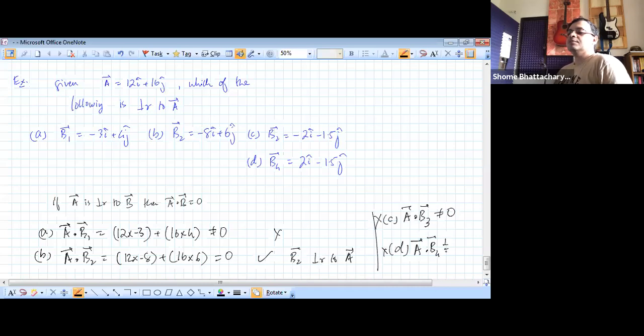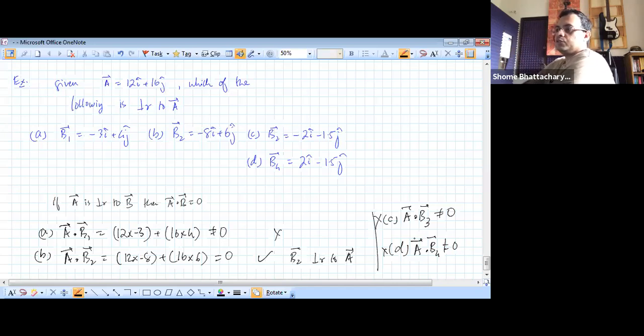Now, through this example, you are seeing one very important application of dot product. We can use dot product to check whether two vectors given in component form are perpendicular to each other or not. If they are perpendicular, then their dot product should come out to be 0. So this becomes a very important application for us of dot product.